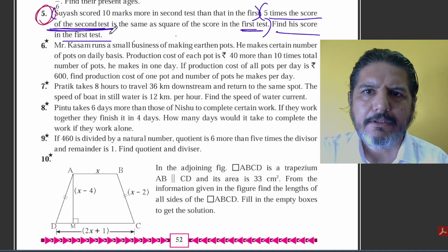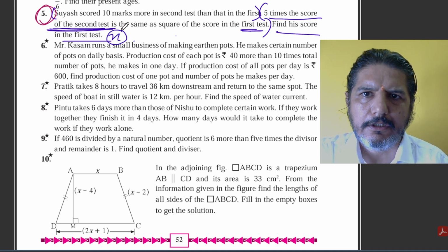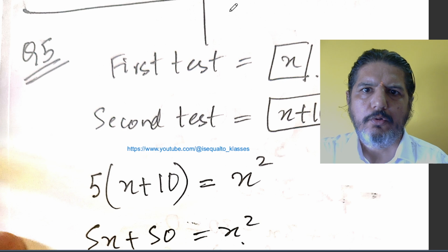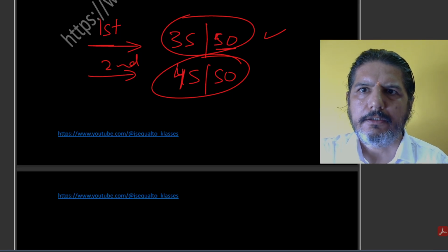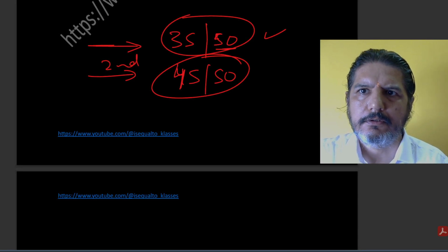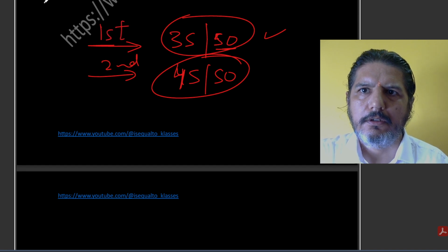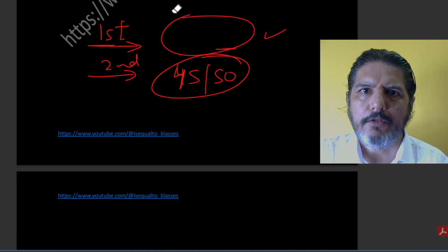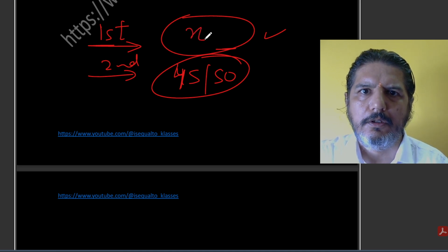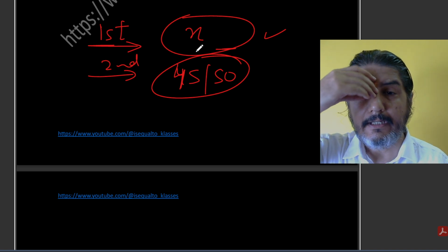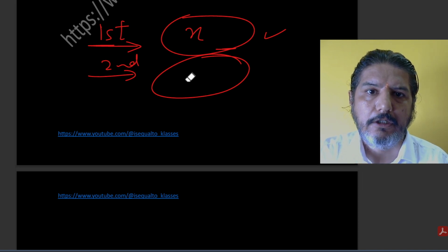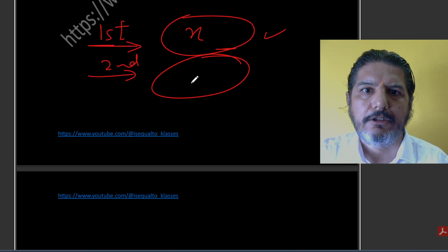So I'll assume that the score in the first test is x. So because the score in the second test is more than the score in the first test, therefore in the second test the score would be x plus 10.